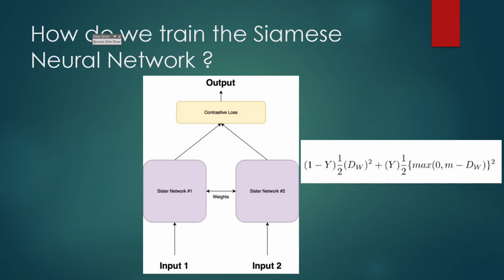The objective of the Siamese network is not to classify, but rather to differentiate between the images. So a loss function like a cross entropy loss is not suitable for this problem. The contrastive loss function evaluates how well the network distinguishes a given pair of images. The function can be written as this over here on the right.